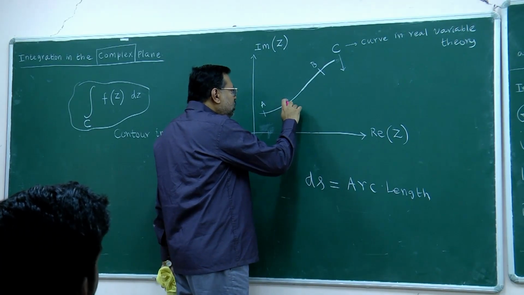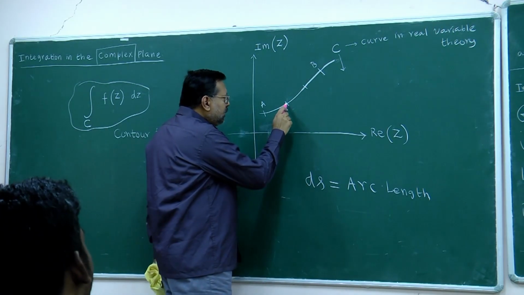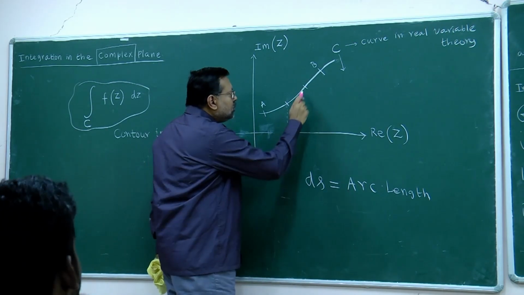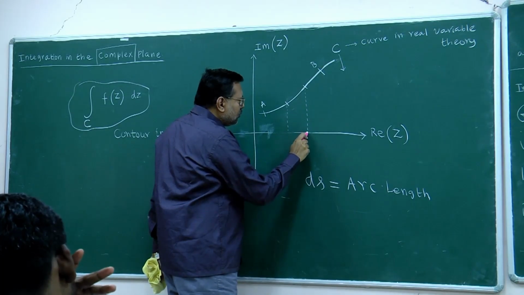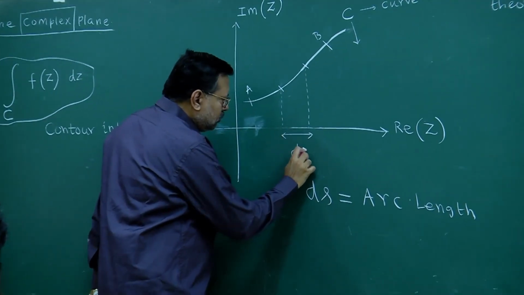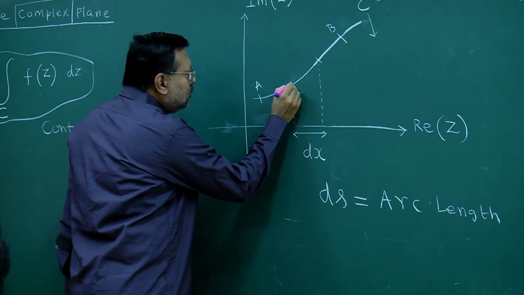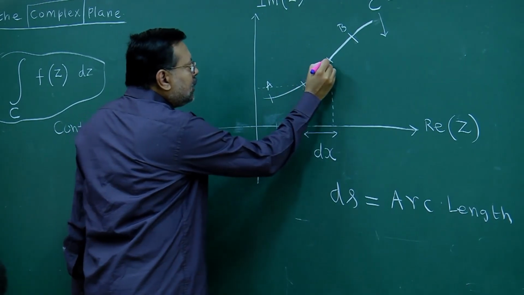Let's see. Let us consider a small bit here. That's a small bit. Now what you do is you draw a horizontal line. What is this distance? Clear. And similarly come here and come here.